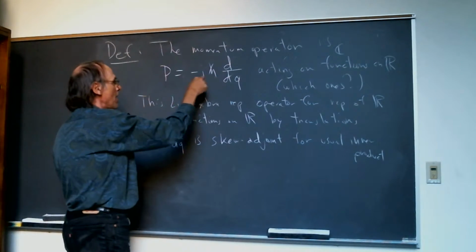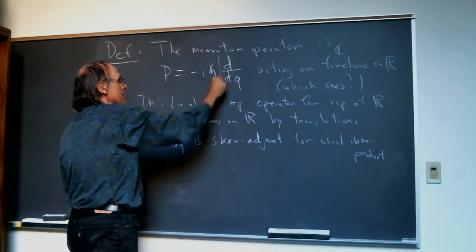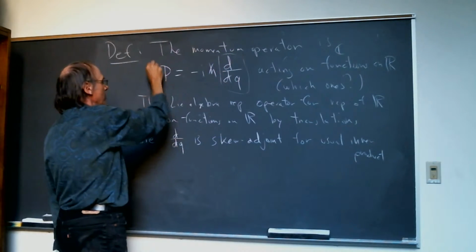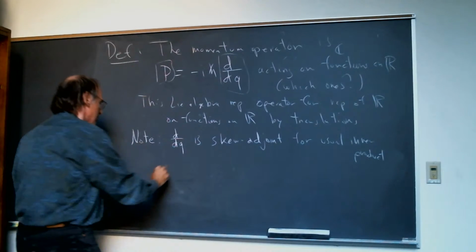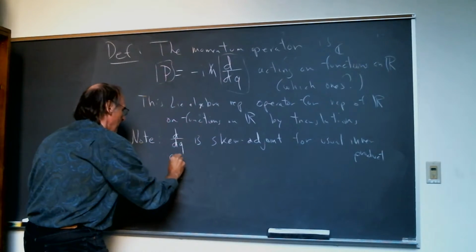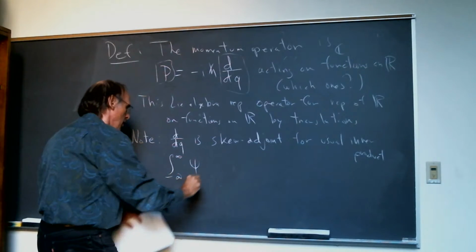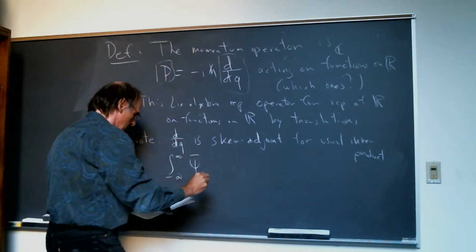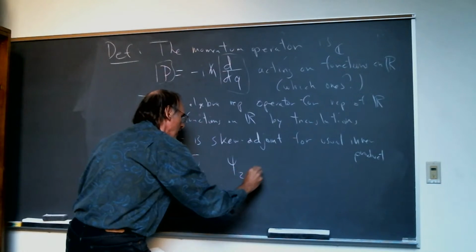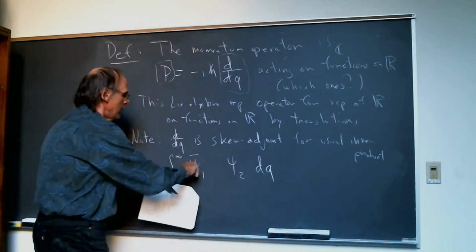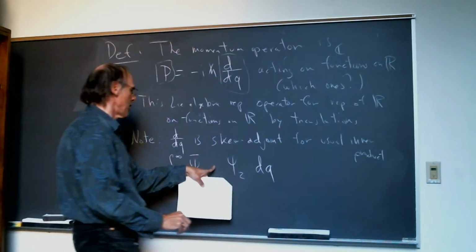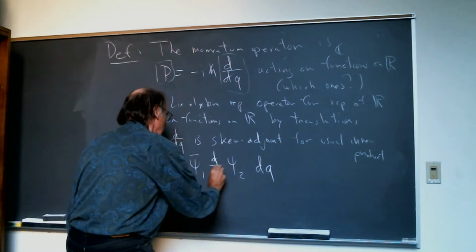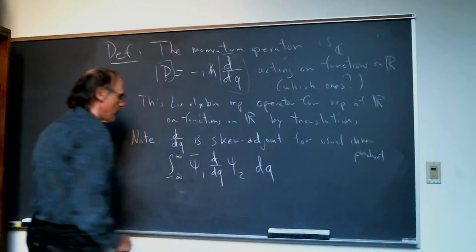So the multiplication by minus i is to turn something skew adjoint into something self adjoint. And the skew adjointness just comes from this calculation, the integral from minus infinity to infinity of psi bar. So if you take the inner product of two functions and then put your operator here, okay.